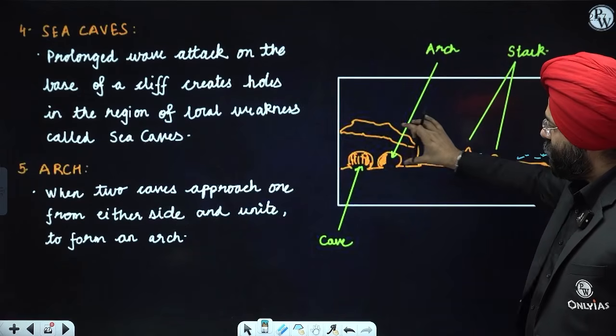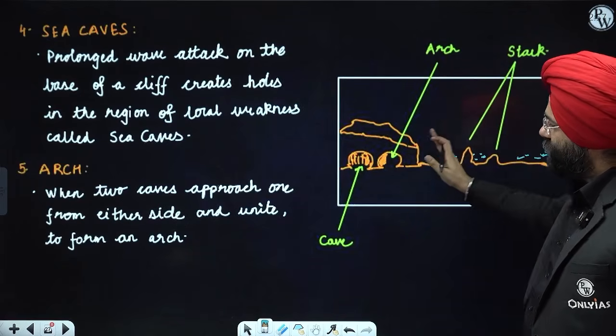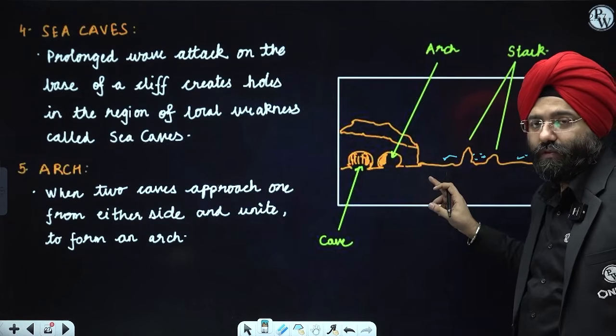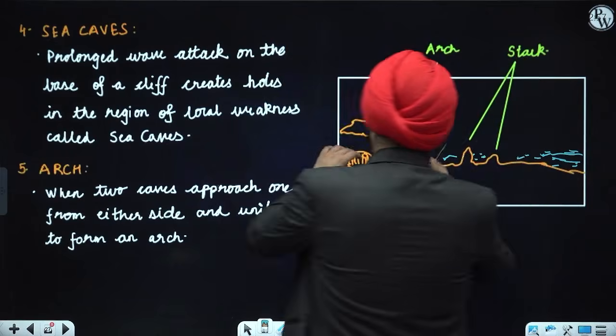Earlier on, this was actually one part. Slowly, as the erosion takes place, it will form such structures. How it is formed, please understand.